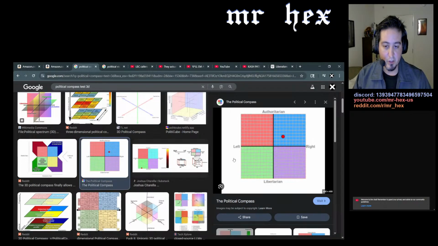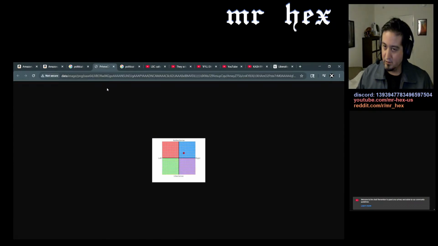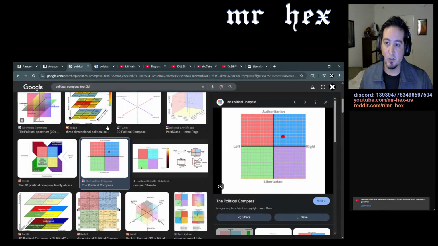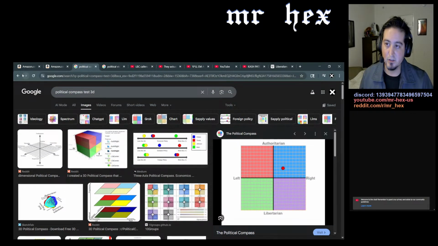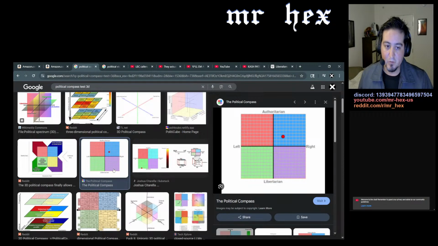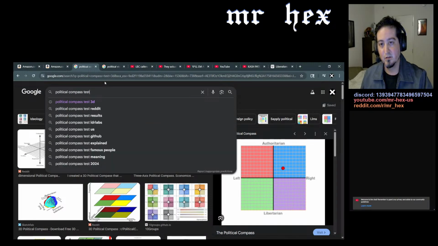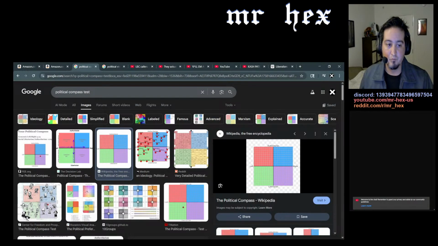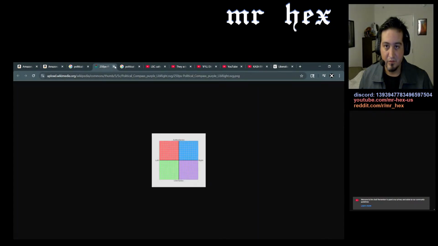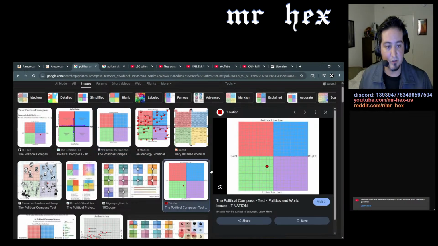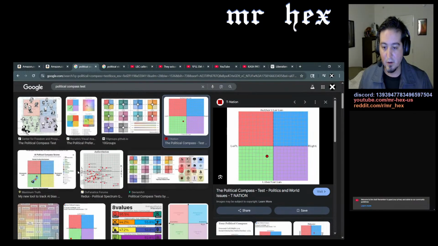If we use the standard sort of square political compass, we're going to pull this one up and just kind of keep this in front of us. If we use this thing, can I find a picture that is actually a decent size?